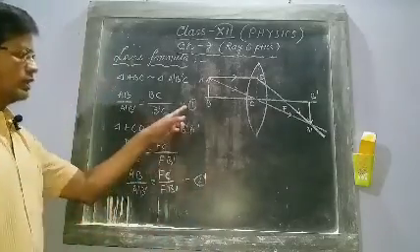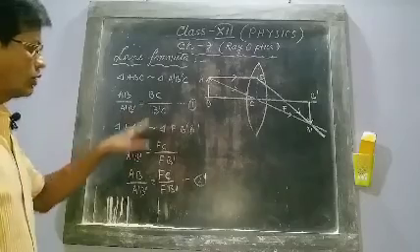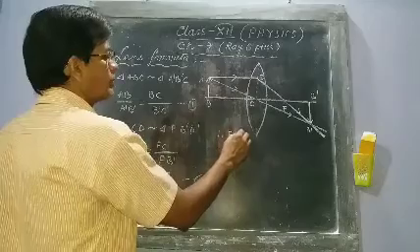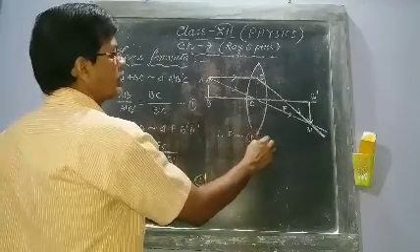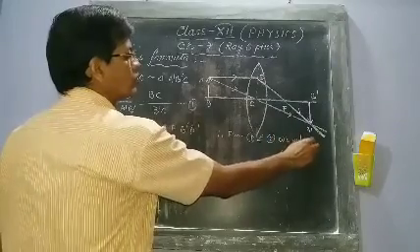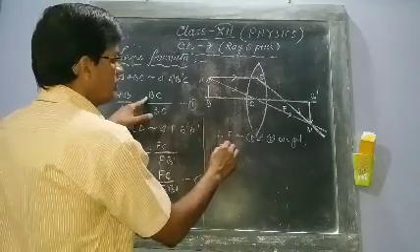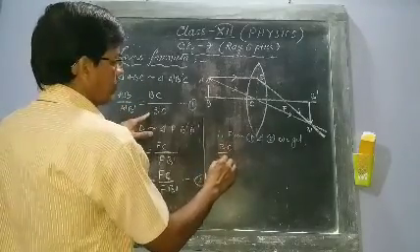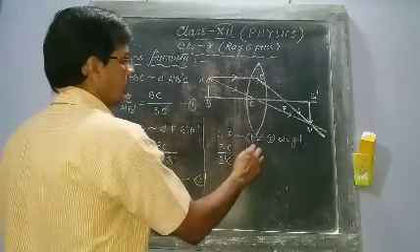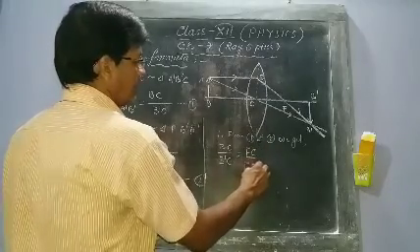Now from equation 1 and 2, what are we getting? The left sides are equal, so the right sides will be equal. Then we get BC by B dash C equals FC by FB dash.